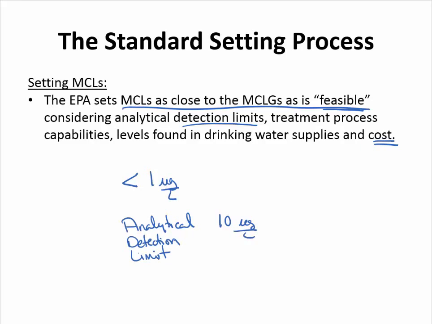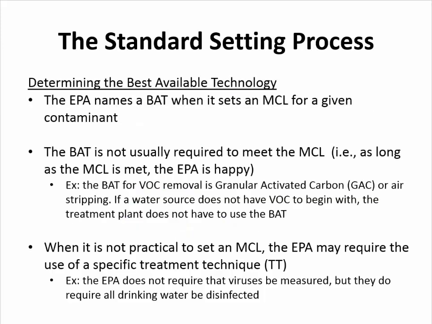The Safe Drinking Water Act also stated that the EPA needed to determine a best available technology for each regulation that has an MCL. The BAT is usually not required to meet the MCL. For instance, if the MCL is already met, the EPA typically doesn't care what technology was used to get there. Or, in the example below, the treatment is not necessary at all.